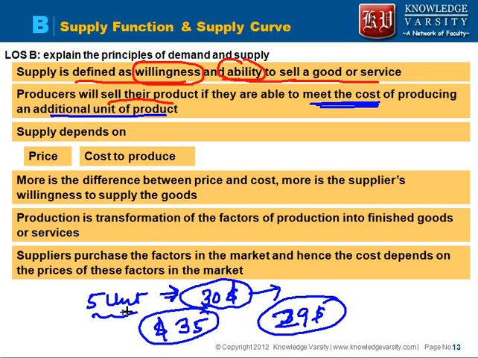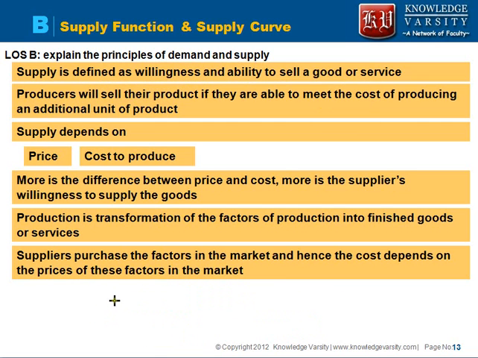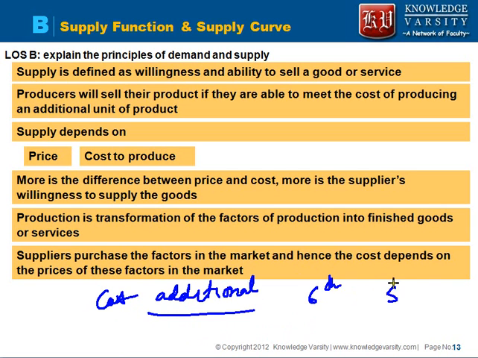We have talked about these 5 units, but let's see the marginal concept. In the marginal concept, we are talking about the cost to produce an additional unit. Let's say the 6th unit costs you $7 and you are getting $8.